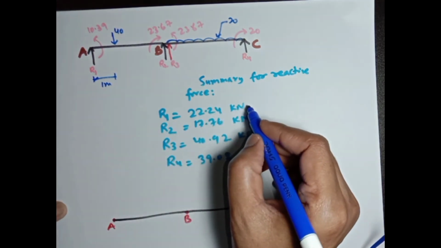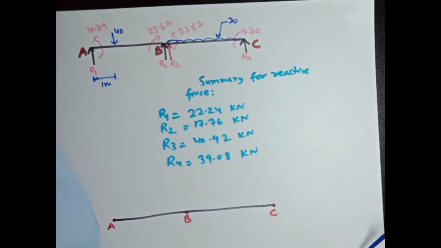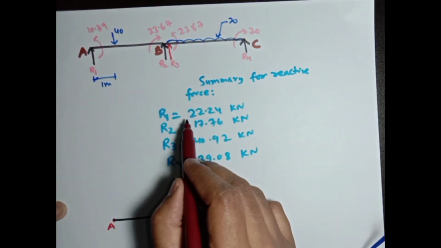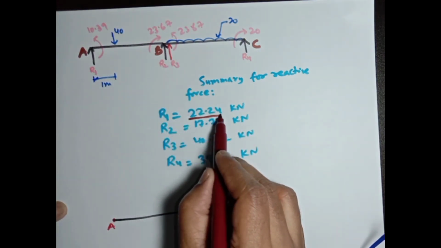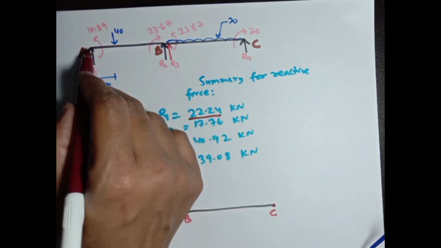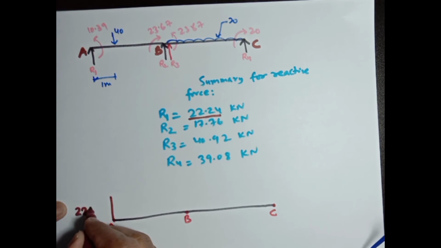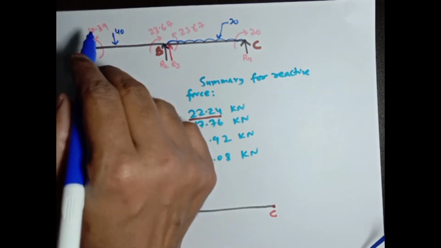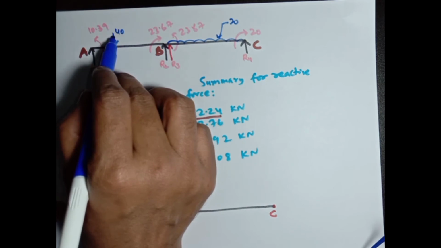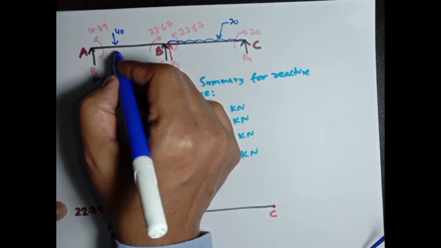Now as you can see here, R1 has a value of 22.24 kilonewton, and it will be a constant value up to a length of 1 meter, as only a point load is acting at a length of 1 meter.